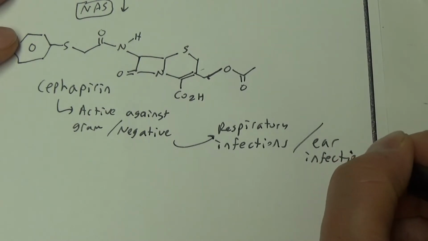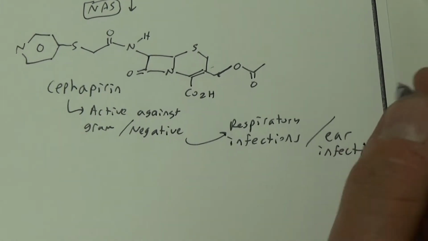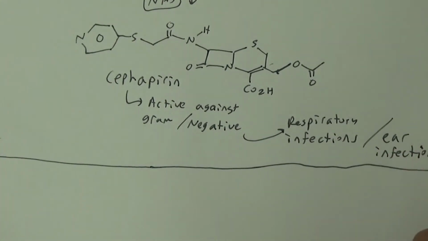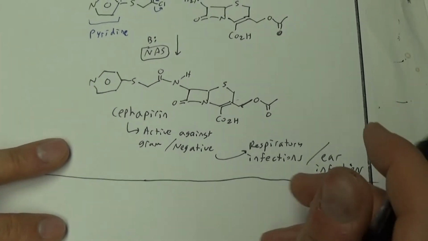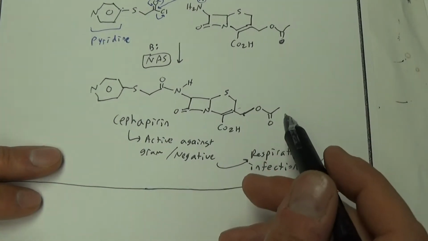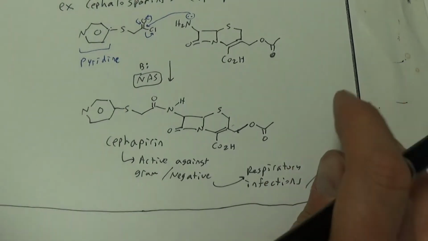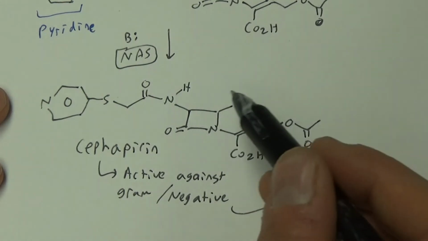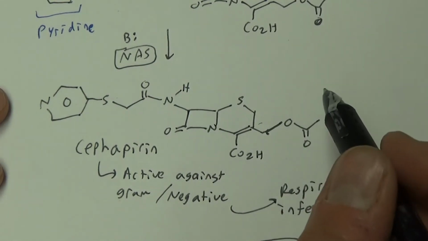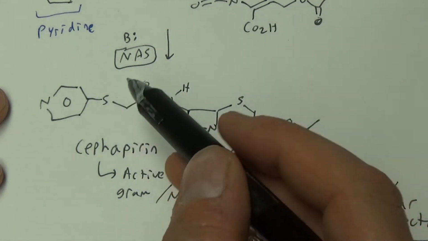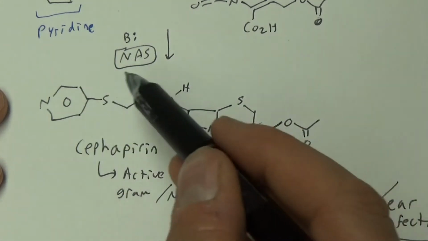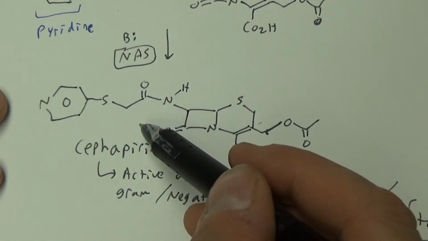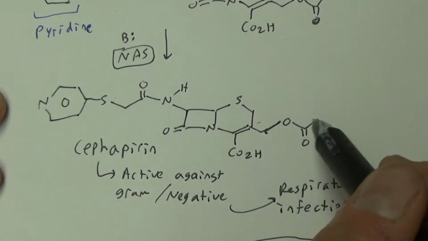Okay, cool. One more, and this next one is pretty cool because, thinking about the structure, what are the key parts of this? Well, you got the pyridine, you got the cephalosporin part, and you have this acetate. In the next molecule, we're going to show you can vary this part, and they did, but they can also vary this and attach stuff to it.